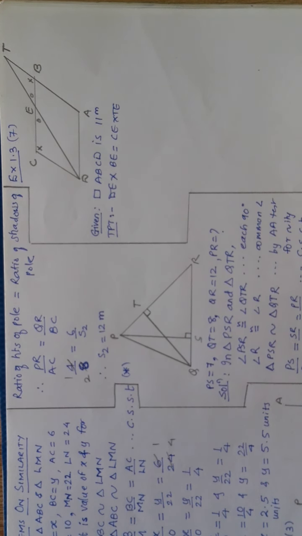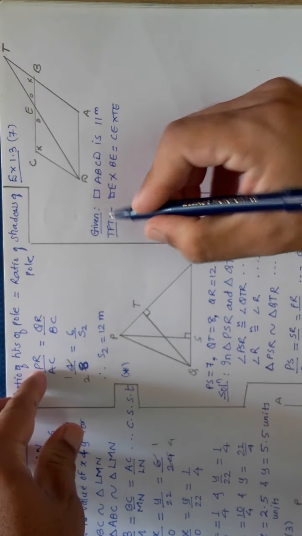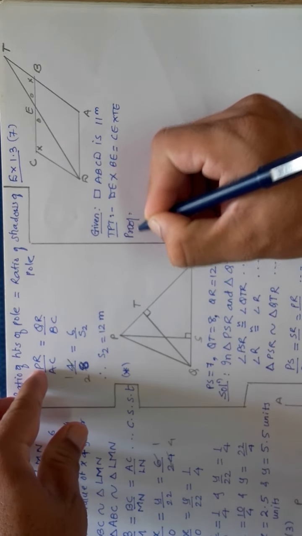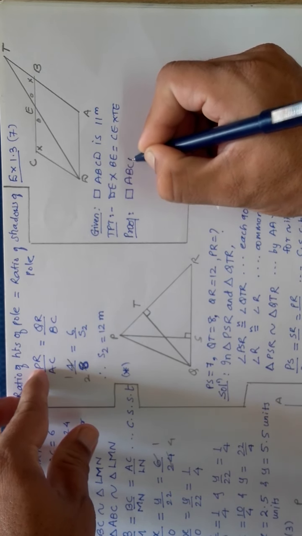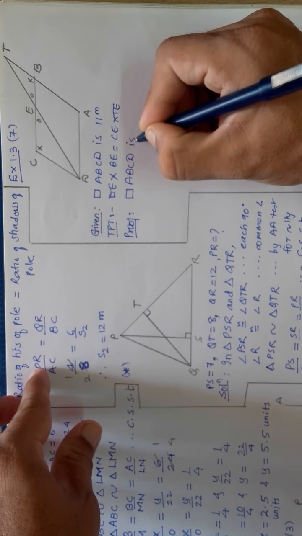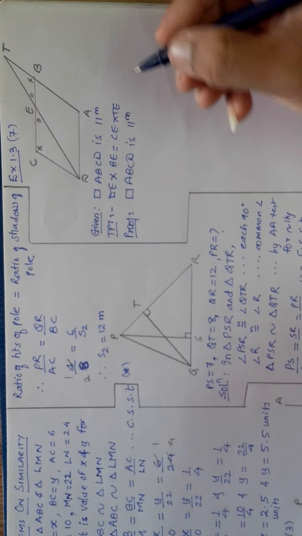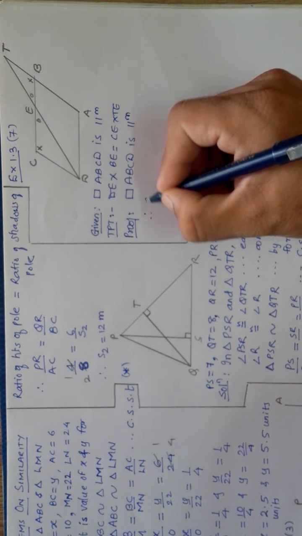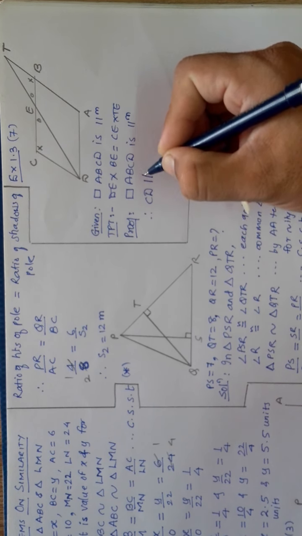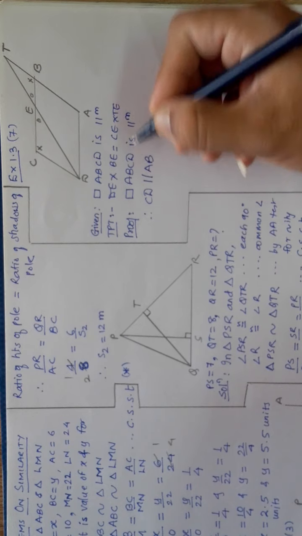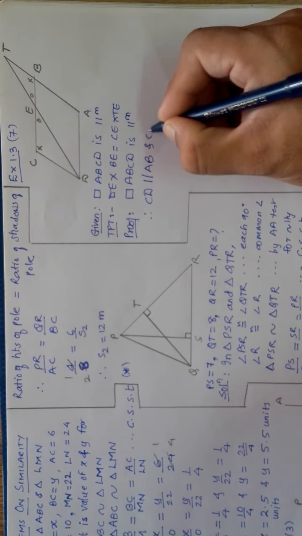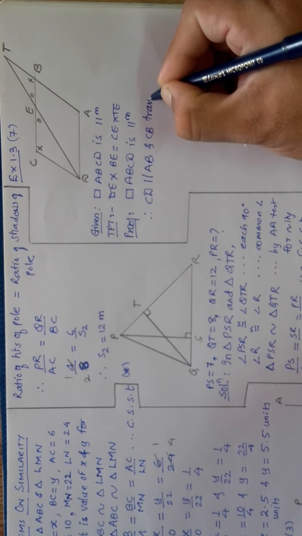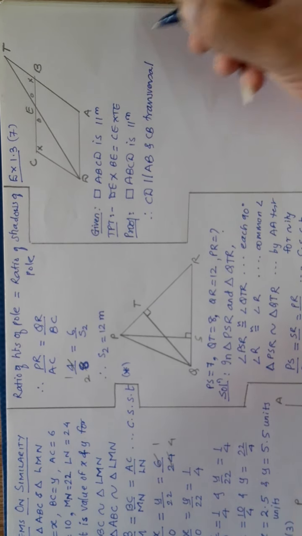So first I will make use of the concept of parallelogram. That is, I will say here that I have quadrilateral ABCD as a parallelogram. So obviously CD will be parallel to AB, right? AB means AD, and this CB will be a transversal, right?